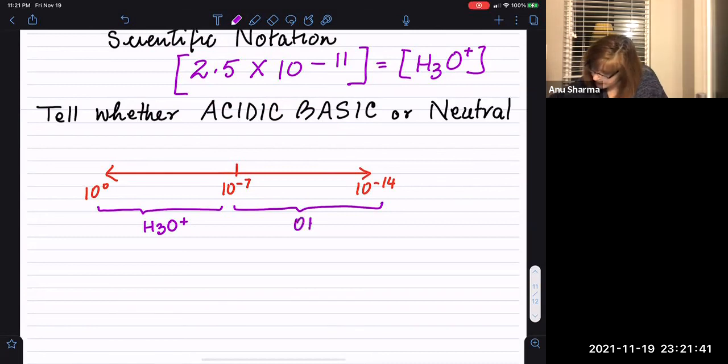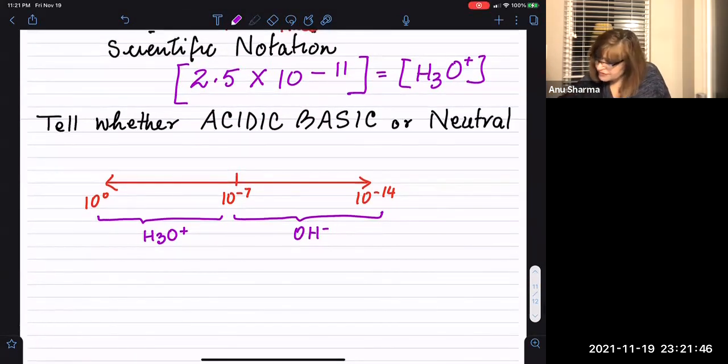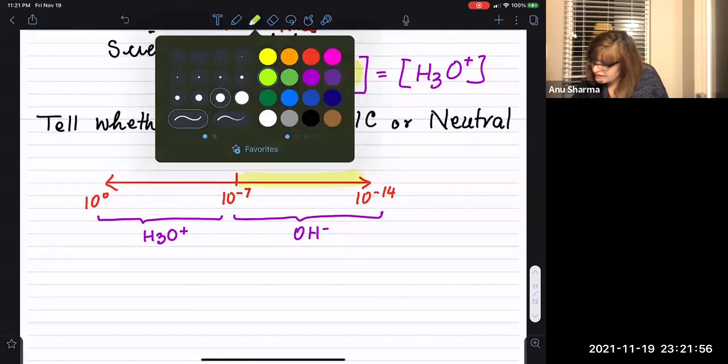OH ions. Okay, so based on this, we see that this is coming out to be 10 to the power more towards this side. This side is the basic side, and the other side is the acidic side.